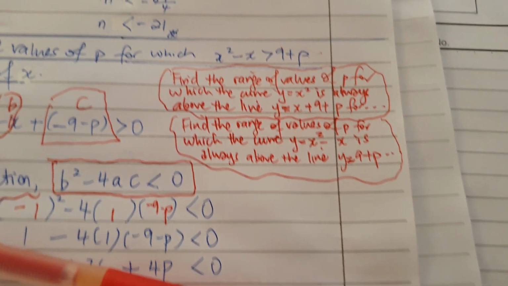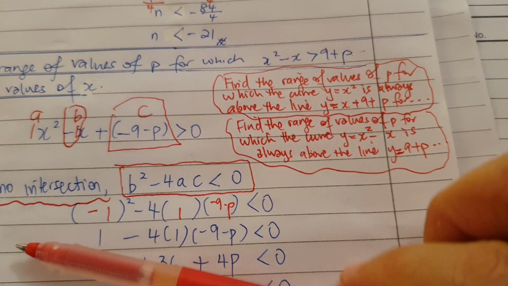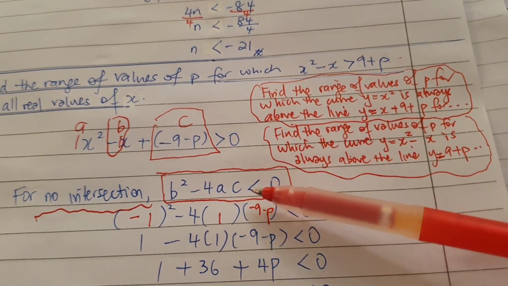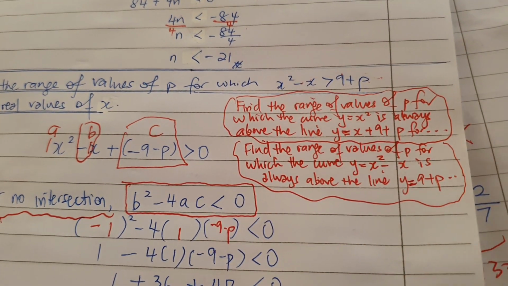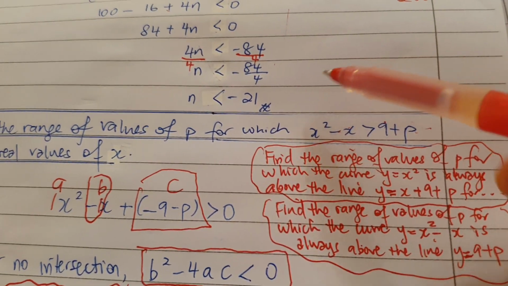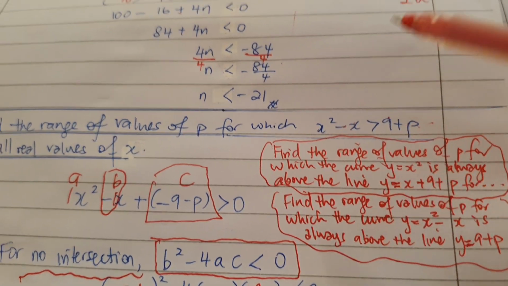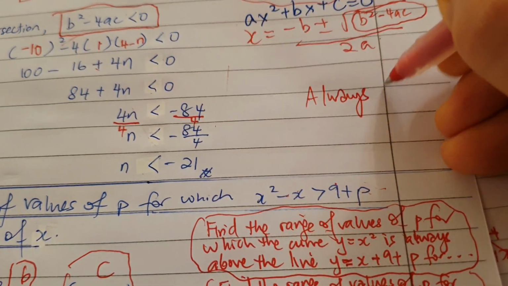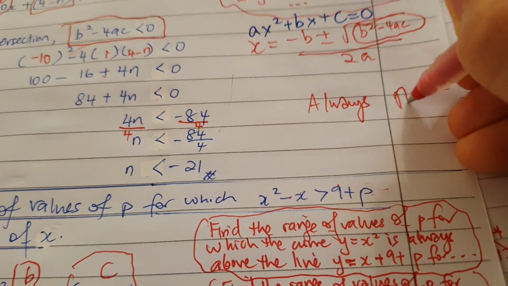Now, there's another type of question that is also the same working, no intersection. It can be always below also.